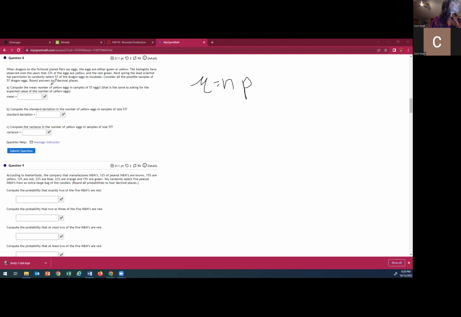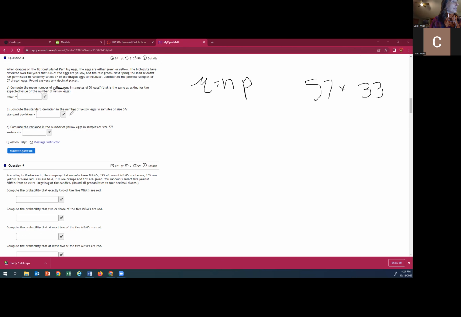We want the mean number of yellow eggs. The probability of it being yellow is 33%. We're taking 57 times 0.33. Makes sense. The mean is the expected value, the average, what we expect. We have 33% that are usually yellow, so 57 times 0.33 is what we expect to be the average.